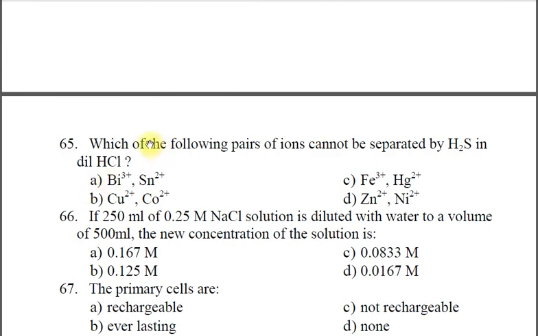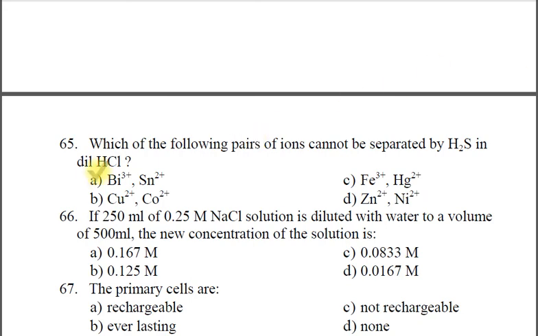Question number 65. Which of the following pairs of ions cannot be separated by H2S in dilute HCl? Option A, Bi3+ Sn2+, B, Cu2+ Co2+, C, Fe3+ Hg2+, D, Zn2+ Ni2+.